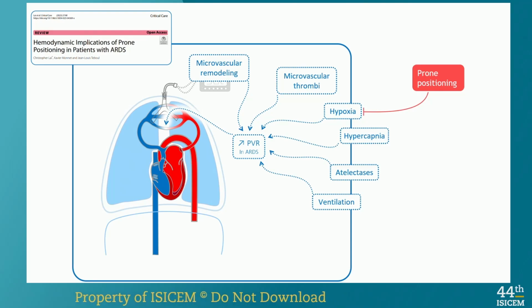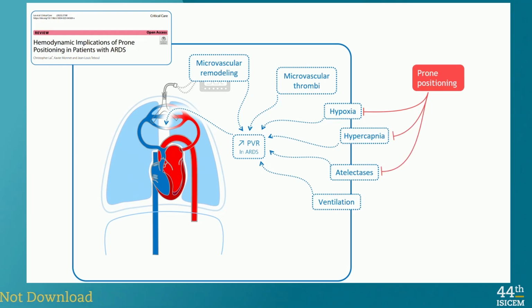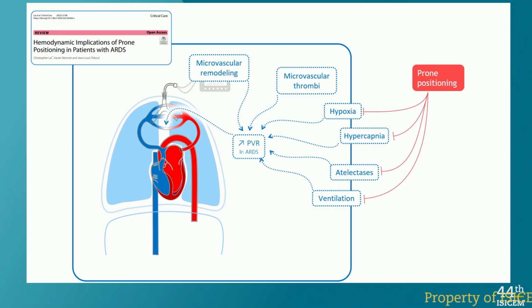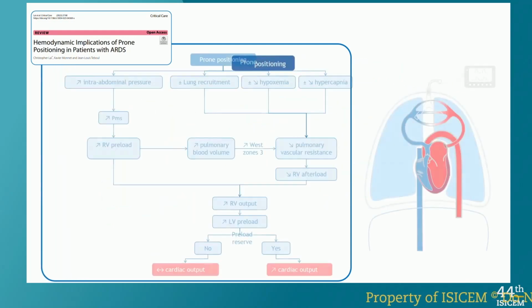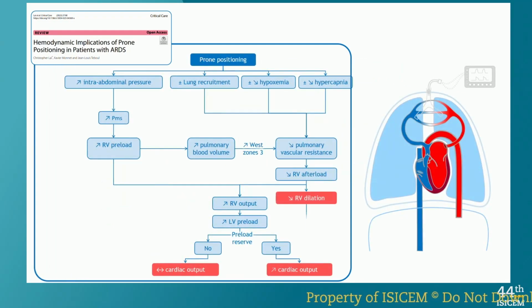Prone positioning may, if it induces recruitment, reduce hypoxia, reduce hypercapnia, induce significant recruitment, even if we heard from Marcelo Amato that this may be more complex than we thought, and perhaps allow you to decrease the PEEP level. And this may contribute, of course, to the decrease in pulmonary vascular resistance.